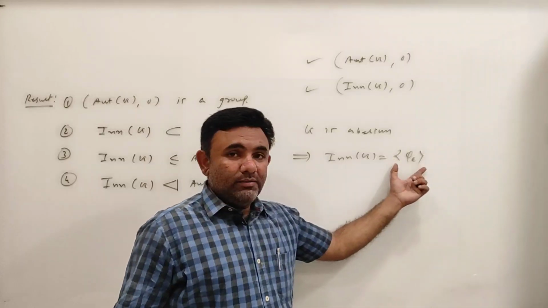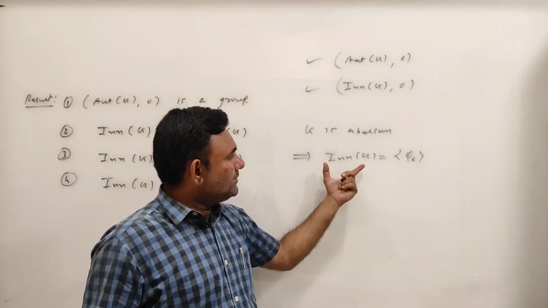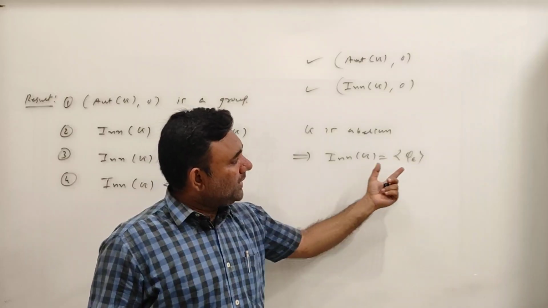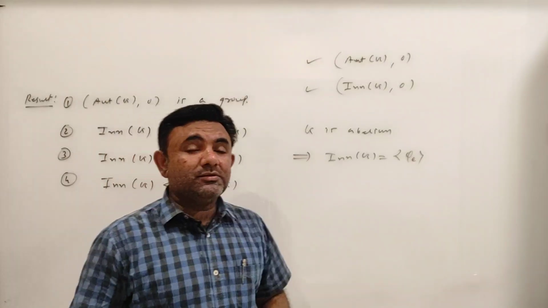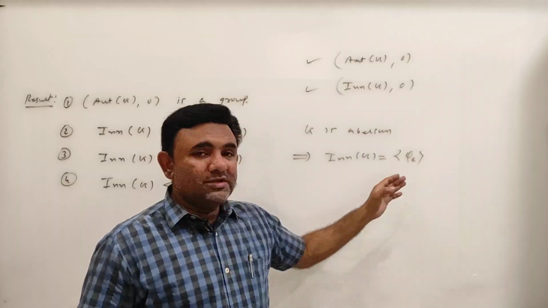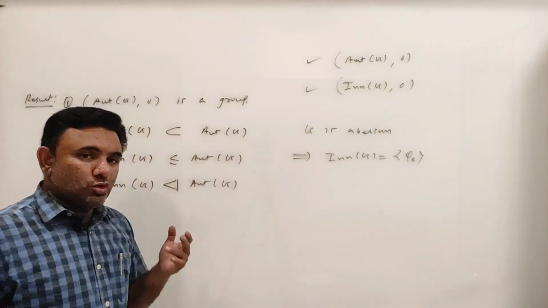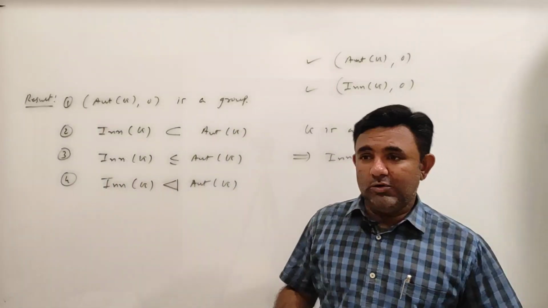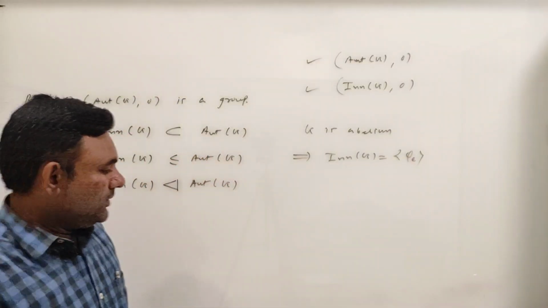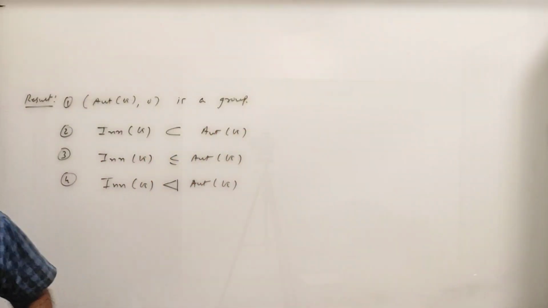So that is a group in itself, which we have proved. So when G is abelian and you form the inner automorphisms of G, there will be only one element, a group with one element, that is the singleton {e}, which means it is Z1, and it is a cyclic group. So whenever G is abelian, Inn G is always cyclic. In fact, it is a trivial group. Inn G is trivial. So this is where we are up to here.